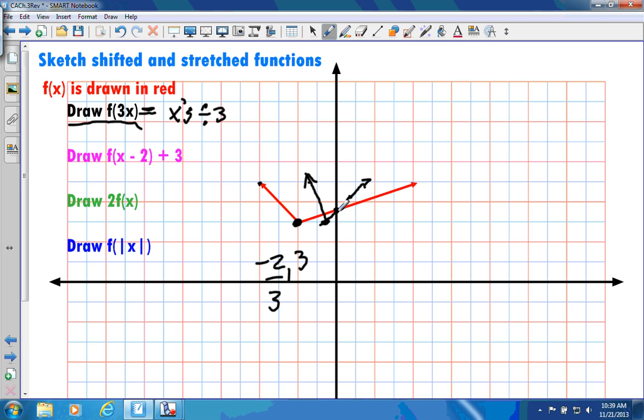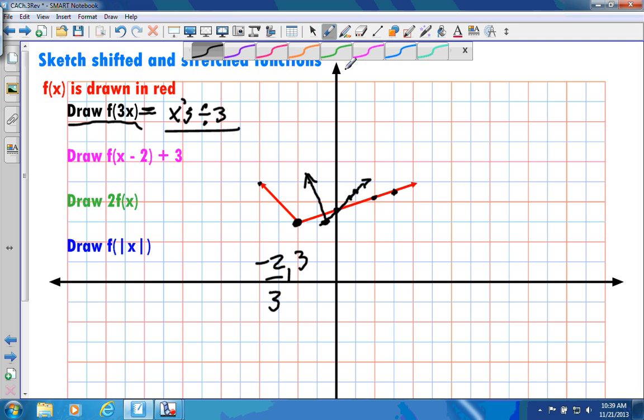So when you take 0 divided by 3, it's still 0. If you pick another coordinate like this one right there, that's a positive 2 divided by 3, which is 2/3, and the y value is still the same. Or if you pick this one here, 3 divided by 3 is 1. So it's going to be right there. Just pick some coordinates on the graph, and then you just have to take all the x values and divide by 3.